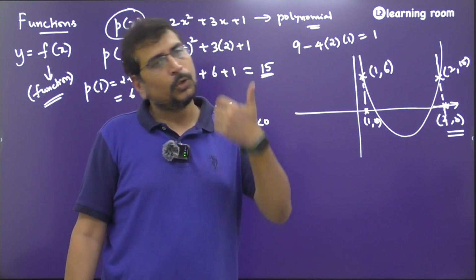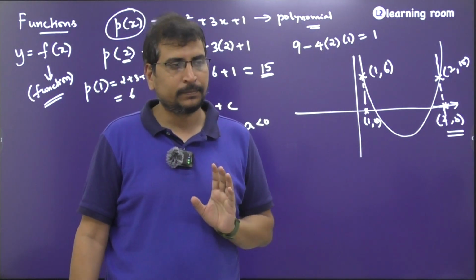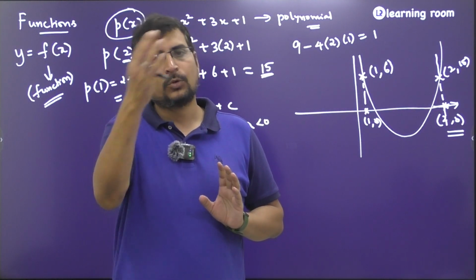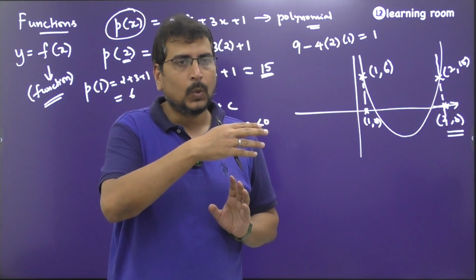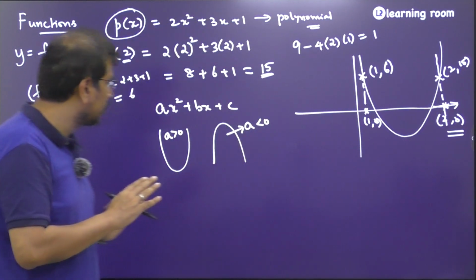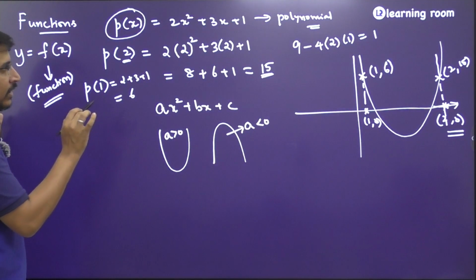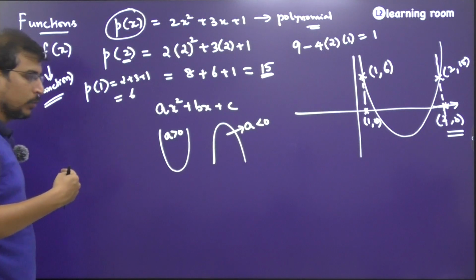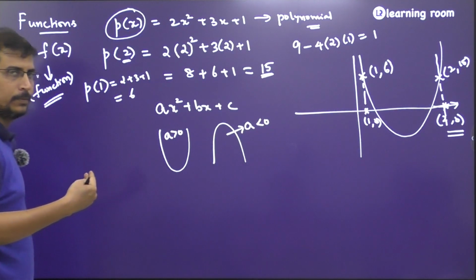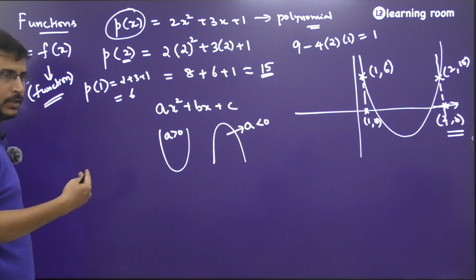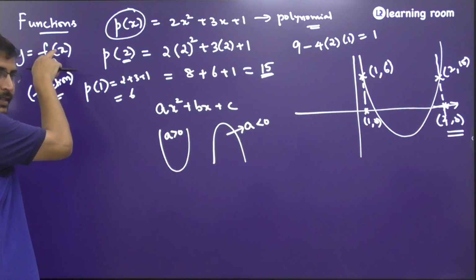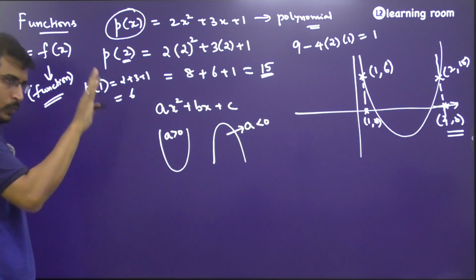For that, you will get the corresponding values in y. This is what a function is. So basically, a function behaves in such a way that you give one input, you get one output. You're able to understand? Input is given as x, output is taken as y.